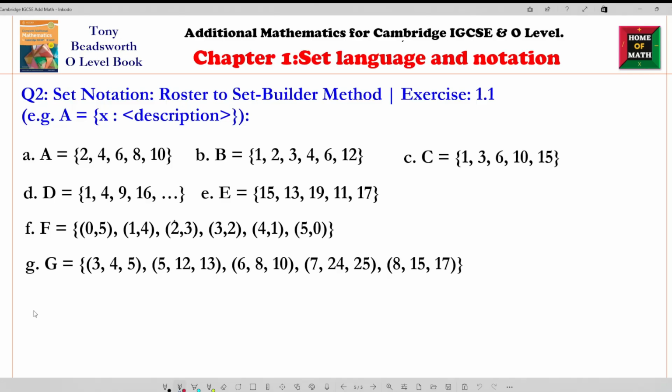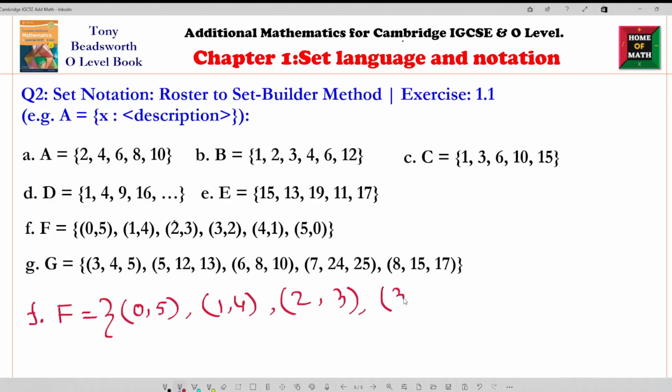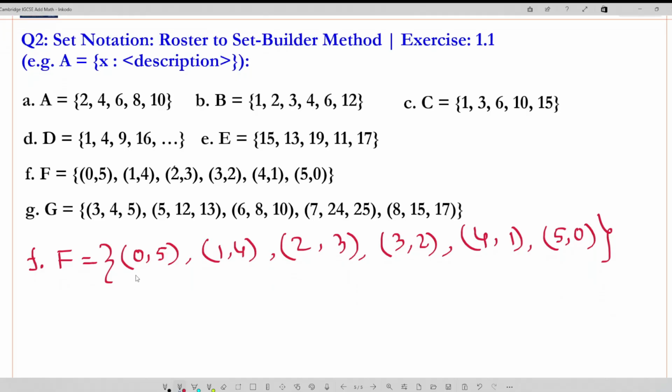Number F. Here is a set F equals to, so (0, 5), (1, 4), (2, 3), (3, 2), (4, 1), (5, 0). Okay, now here is a very important thing.